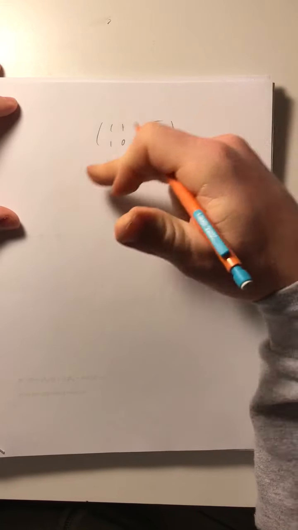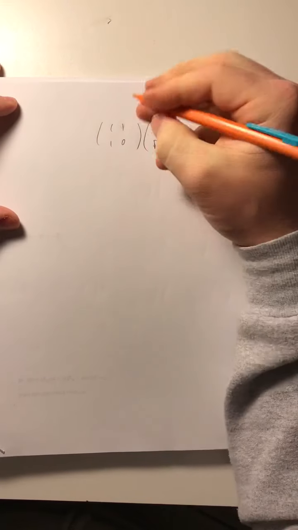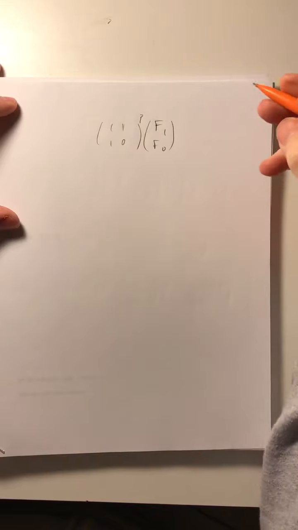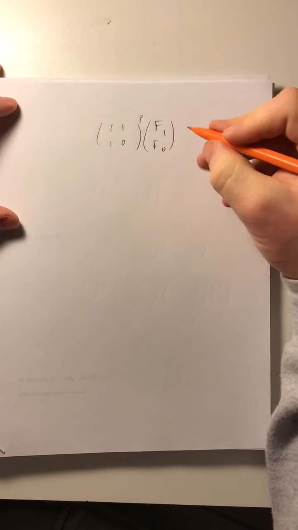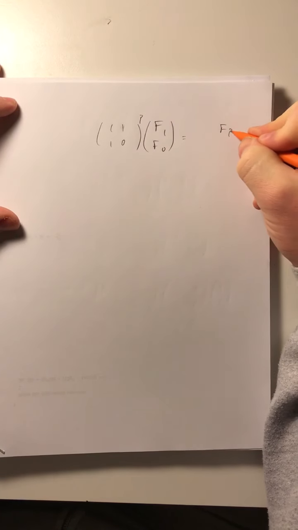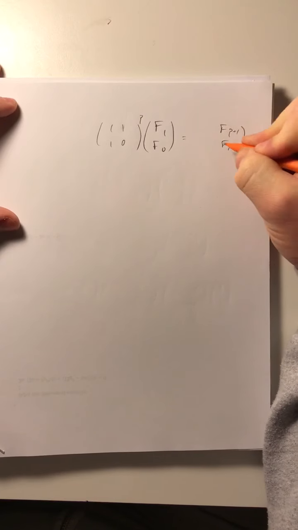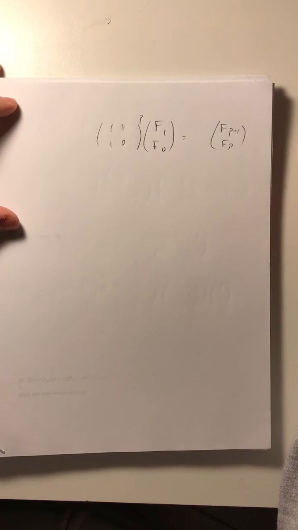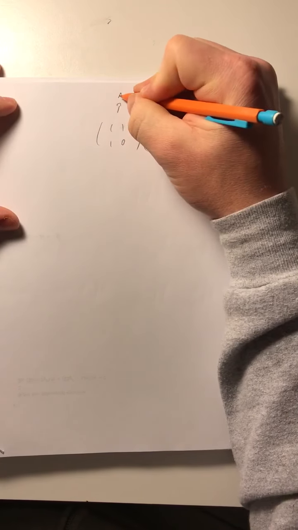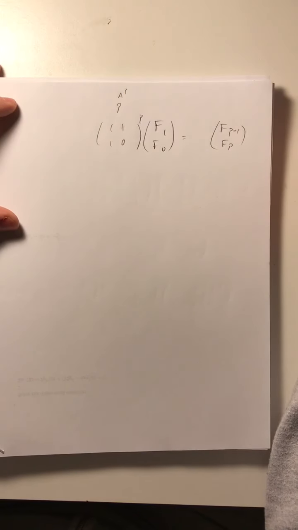I get F2, F1. Multiply again, I get F3, F2, etc. If I multiply it to the power P, I'm going to get F(P+1), F(P), and this is my matrix A to the power P.